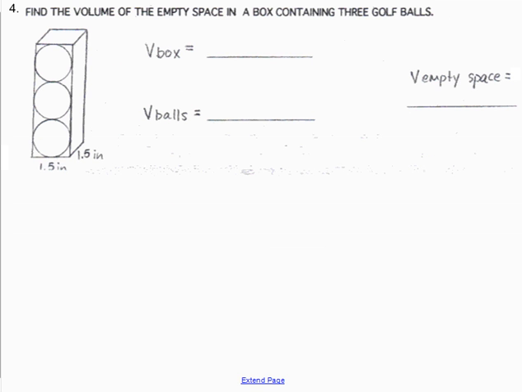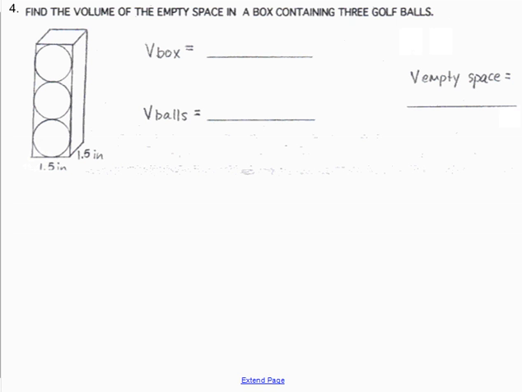All right. Now this looks like tennis balls in a box or something. We want to find out how much empty space is in this box. So we have to figure out the volume of both the balls and the box. So if we have those spheres in there, here's what I'm going to do. I'm going to figure out the volume of the box.